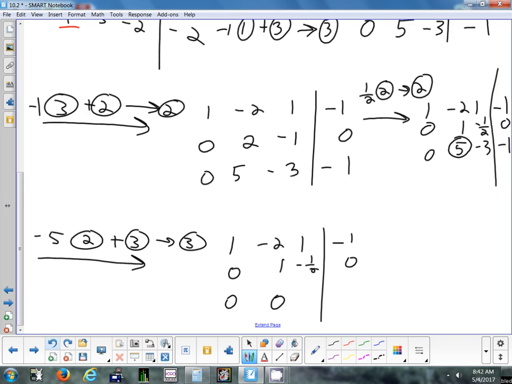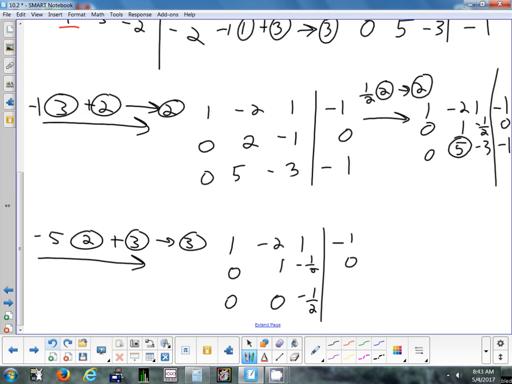What's -1/2 times -5? It might be easier to think of it as a decimal. 2.5. And what's 2.5 take away 3? -0.5 or -1/2. For me, it just helps to think of it as a decimal to do it in my head. And then 0 times -5? -1.